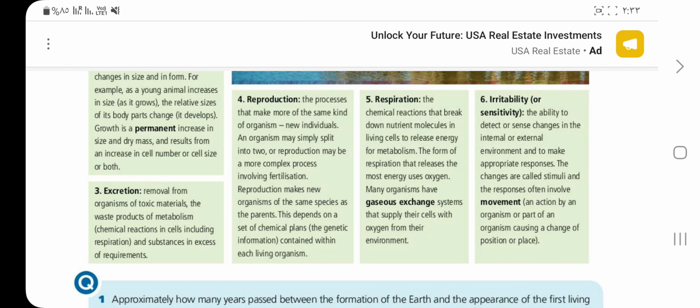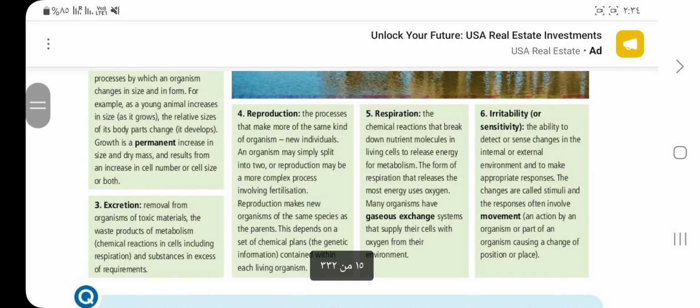The first is simple splitting into two, or reproduction may be a more complex process involving fertilization, and this gives us a new organism of the same species as the parents, depending on chemical blueprints called genetic information. Reproduction gives us one or more new organisms of the same species as the parents.